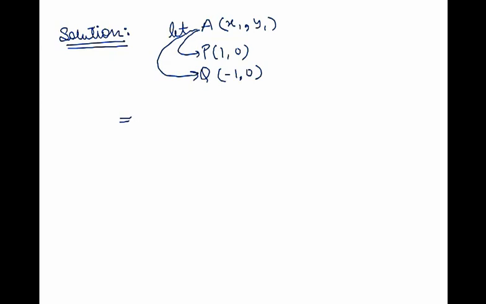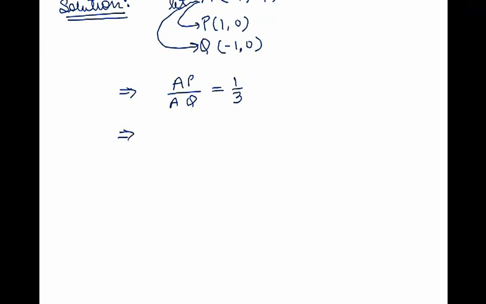So we have AP over AQ equals 1 by 3. On squaring both the sides, AP square over AQ square equals 1 by 9.